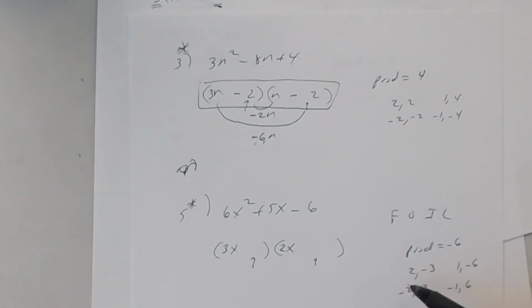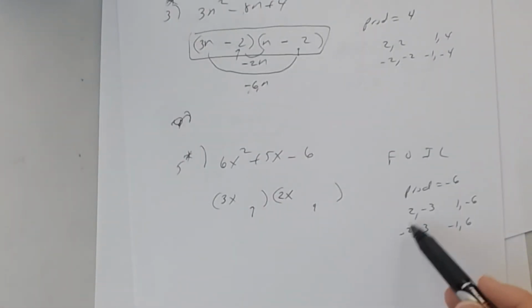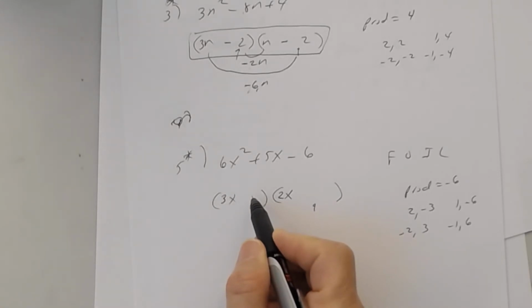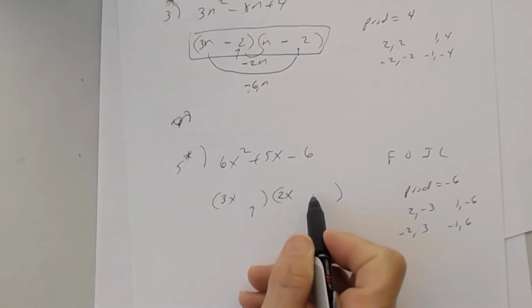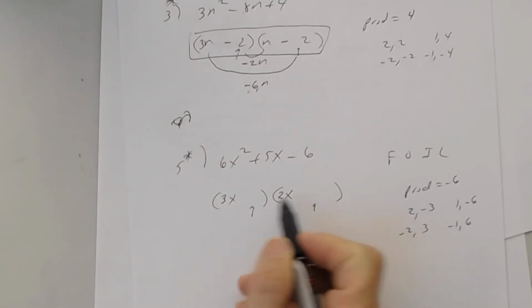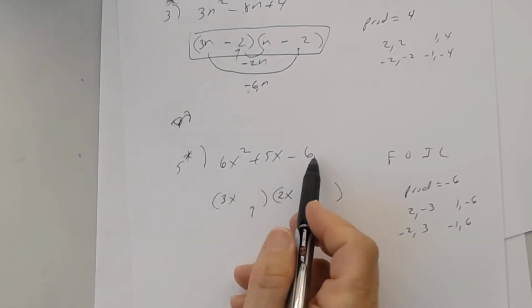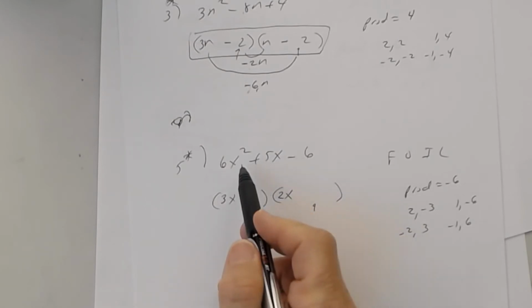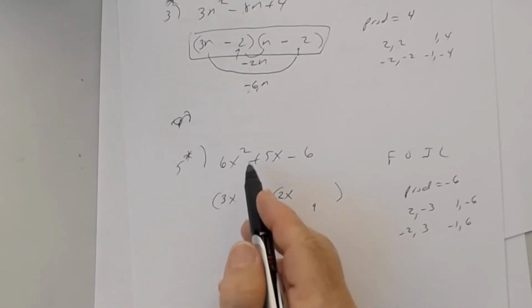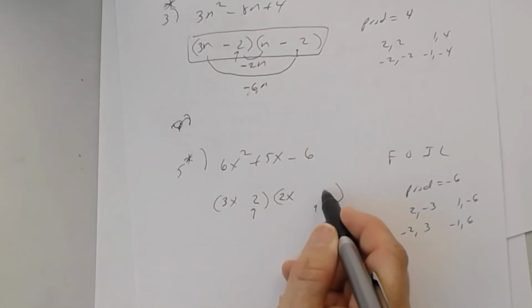But I don't want to put the signs in just yet. I do want to put the 2 and the 3. I cannot put the 3 here and I cannot put the 2 here. Because if I put the 3 here, that means I can factor out a 3, which means that they're all divisible by 3, and they're not. So I have to put the 2 here and the 3 there.